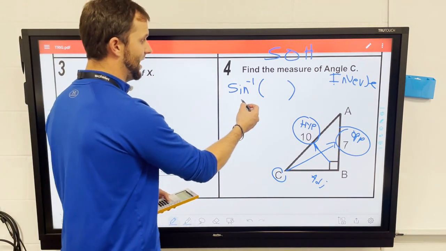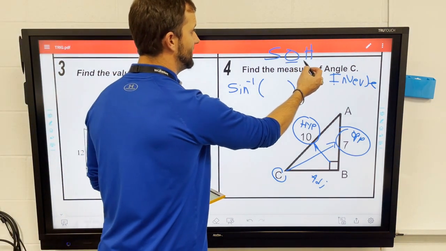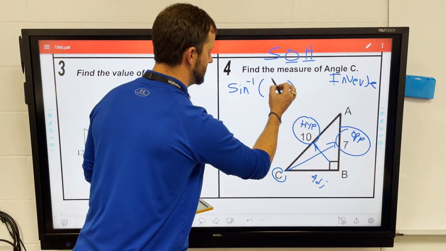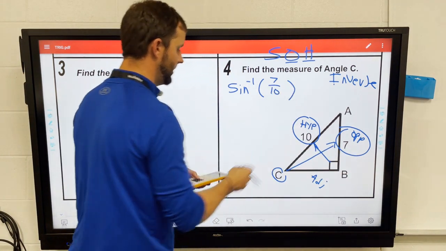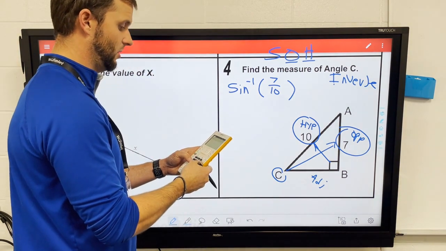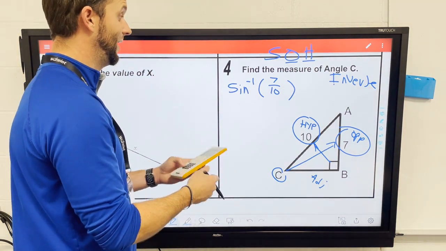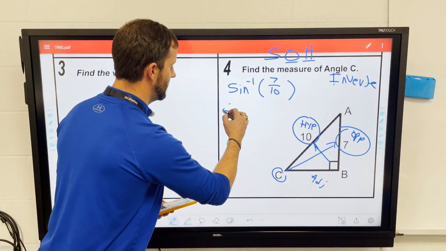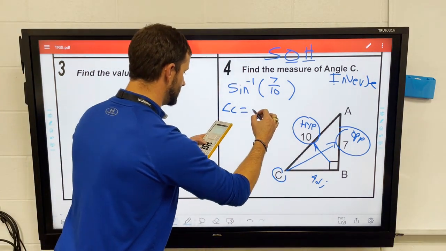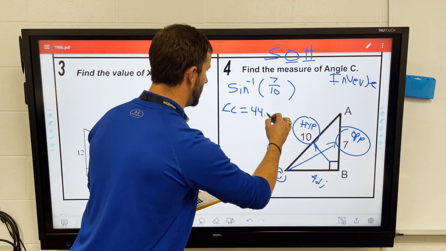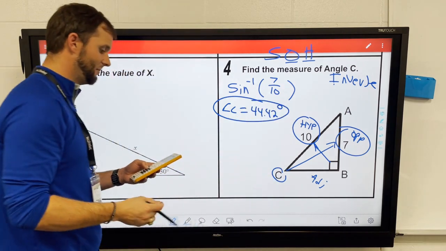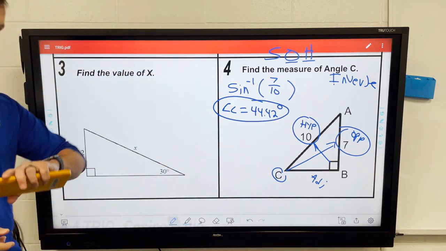Sine -1 would be opposite over hypotenuse, so 7/10. I'm literally going to type 7/10 in the calculator, and when I click enter, that gives you the measurement of angle C. So angle C equals 44.42 degrees. Ladies and gentlemen, that is how you find the angle measurement using trig.